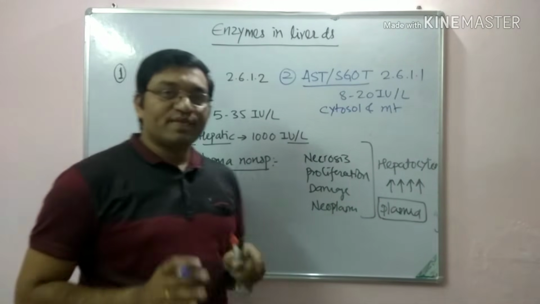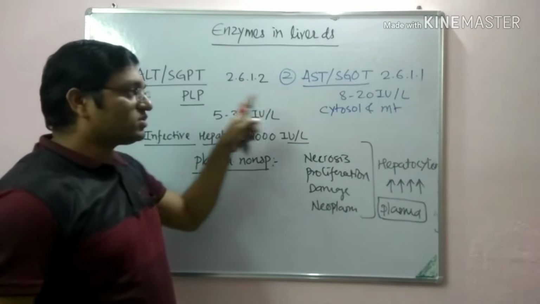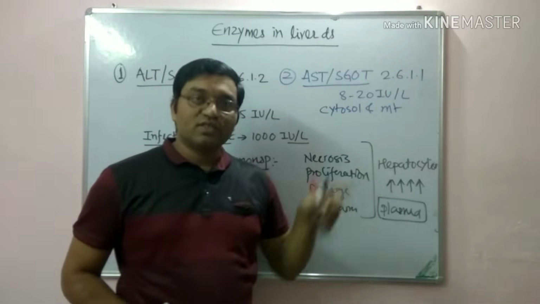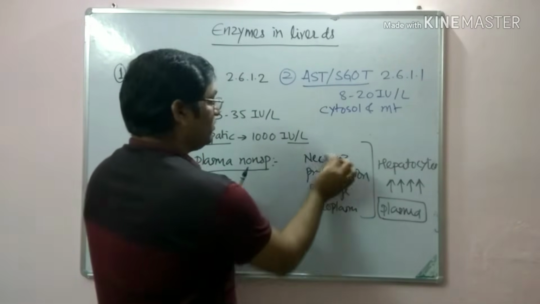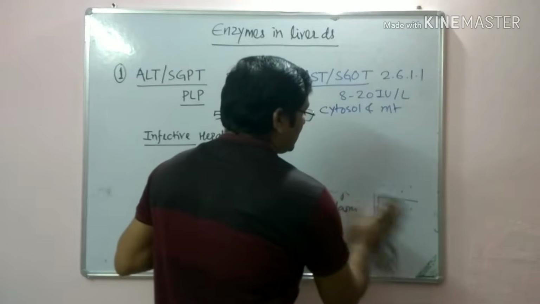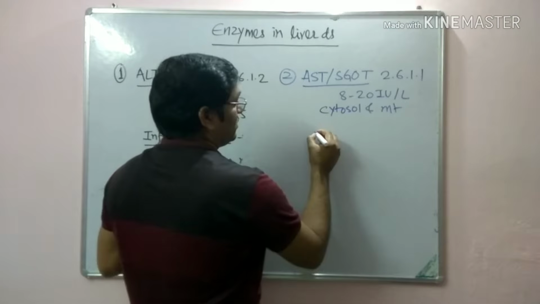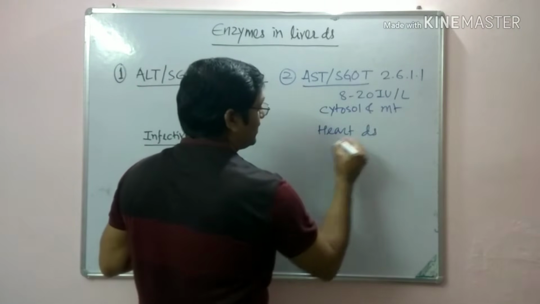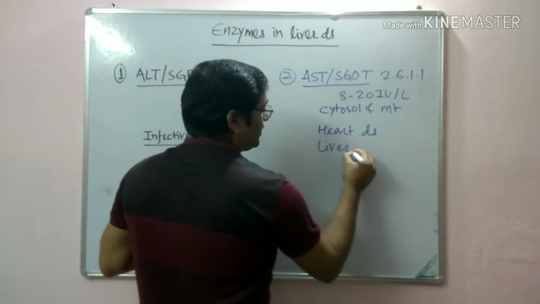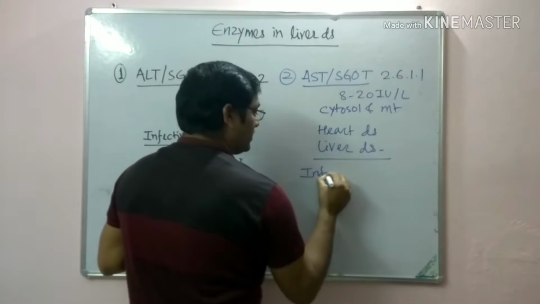It is not as specific for the liver as compared to the ALT because of its distribution in the heart muscle. That's why the concentration of SGOT also increases in heart diseases. So it increases in heart diseases and also in liver disease, especially in infective hepatitis.